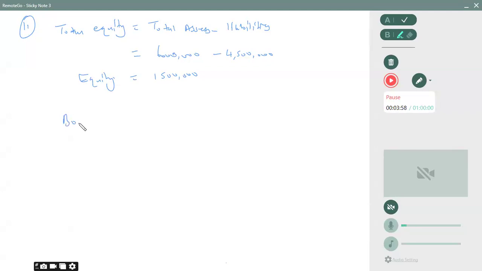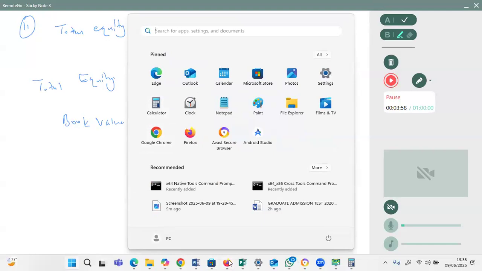Now, how do we get book value? Book value per share: henceforth, get to know that it's always total equity divided by the number of shares. Those who will specialize in finance will learn more about this, but since it's just the GMAT, get to know that the book value is this total equity divided by the number of shares.